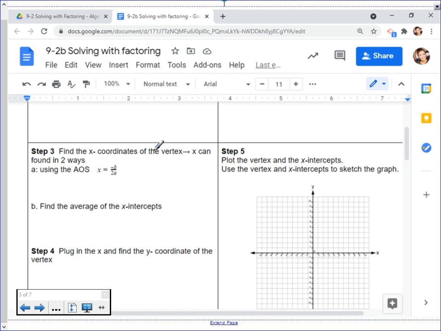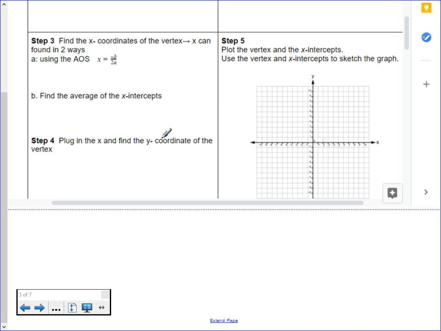Find the x-coordinate of the vertex. So x can be found in 2 different ways. You could find the axis of symmetry by doing the opposite of b over 2a. I'm going to write down our equation back up here, but you guys should still see this at the top of your paper. Remember, this is a, this is b, this is c.